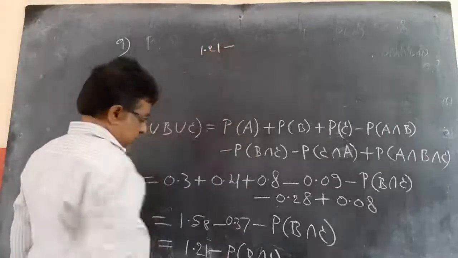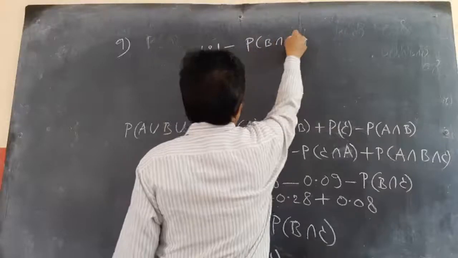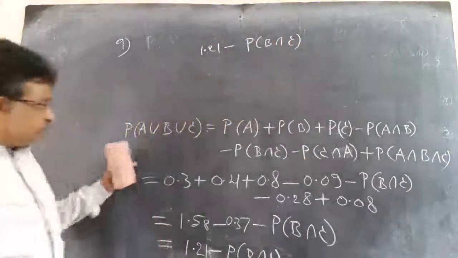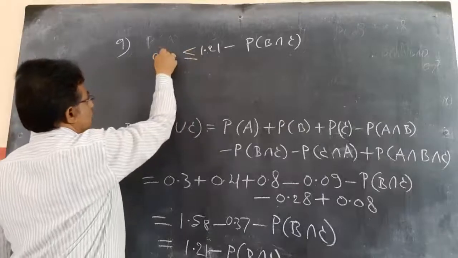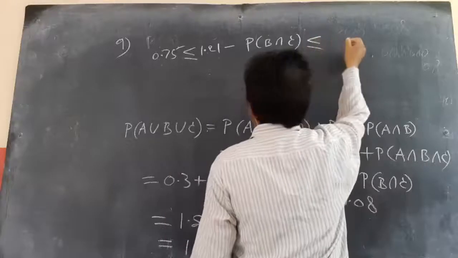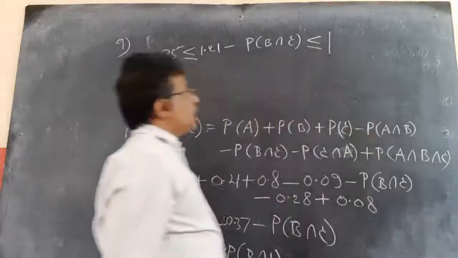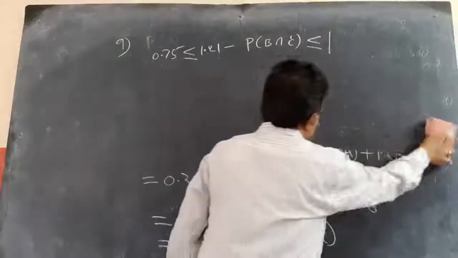So 1.21 minus P of B intersection C is the probability of A union B union C. This is more than 0.75, he is saying, but we know it is less than 1. So this whole value lies between 0.75 and 1.